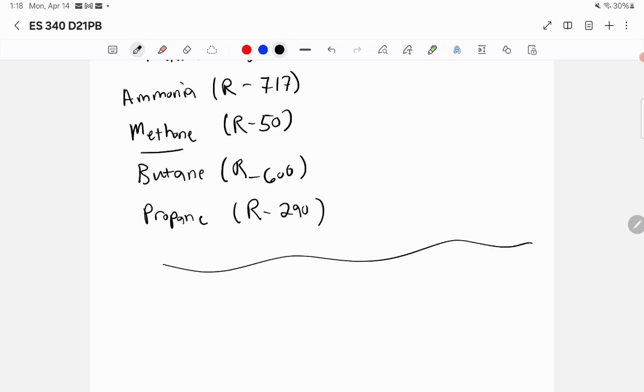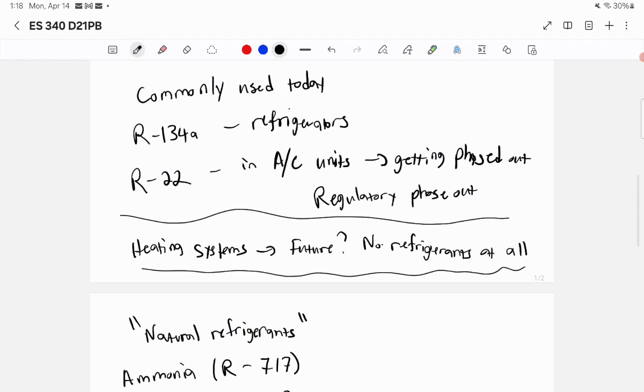However, these are not as widely used, although I imagine that with the R22 phase out, they will be used more frequently. But ammonia is probably the most popular among all of those that are listed in cases that are using natural refrigerants.